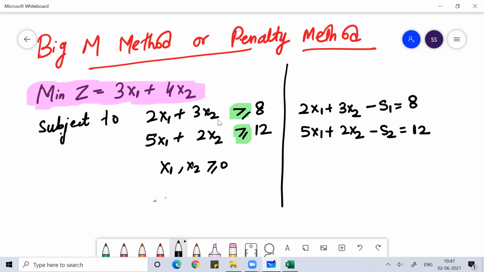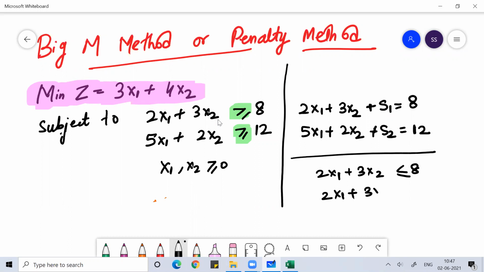Why are you introducing a negative slack variable, sir? Why not a positive slack variable? In earlier cases, when the sign was less than or equal to, if 2x1 plus 3x2 had been less than or equal to 8, how did we do it? We used to write 2x1 plus 3x2 plus s1 is equal to 8.